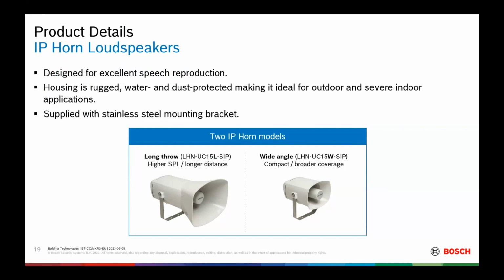The IP horn is supplied as standard with a stainless steel mounting bracket. We have two different models: the long throw version with higher output to cover longer distances, and the wide-angle version, which is more compact and thus has a broader coverage.